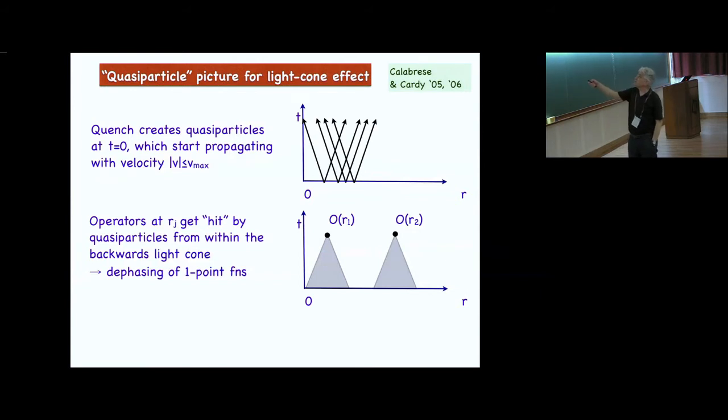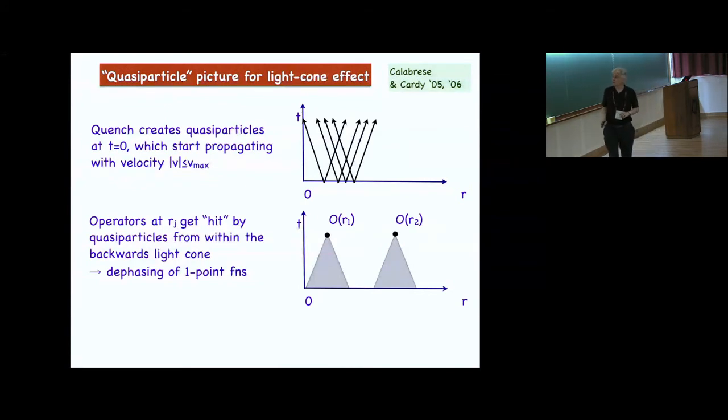So that's the picture of what happens after the quantum quench. Now, what about measuring connected two-point correlation functions? Let's first look at one-point functions. Here O of R is some operator. In my case, it was a density operator, and I was measuring the density at position R1 and the density at position R2 at some time t.